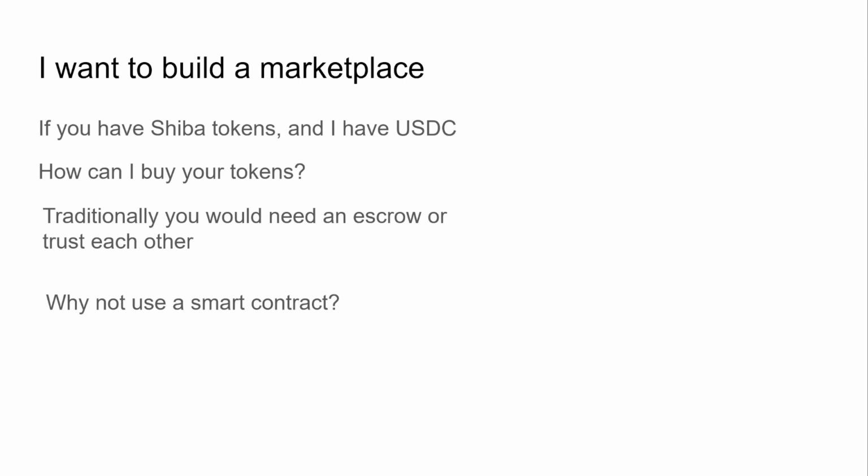But the issue is, how can I be sure that each token has the same methods? What if I use transfer to send you tokens, but you use transferTo? It's the same exact function, but it's spelled differently. If I were to make a smart contract, do I call transfer? Do I call transferTo? How do we know what tokens are supposed to look like?